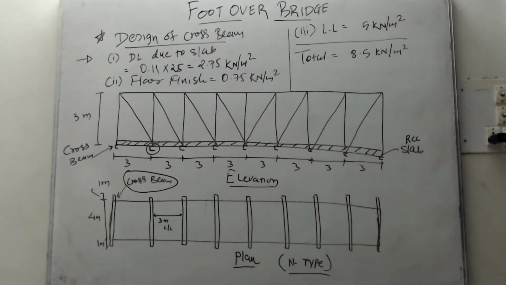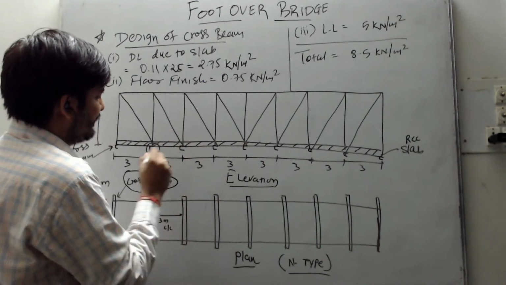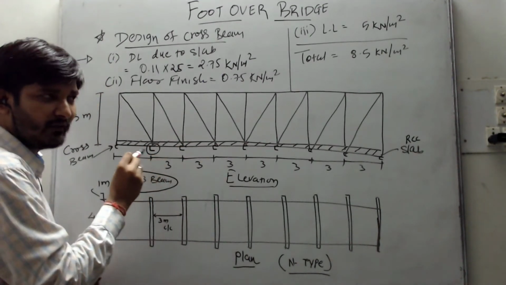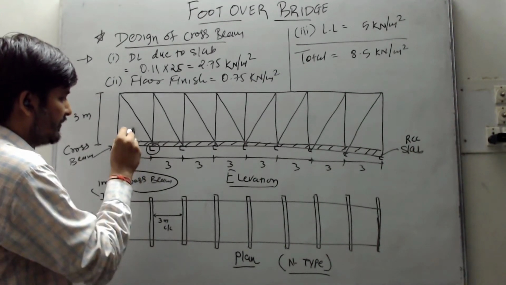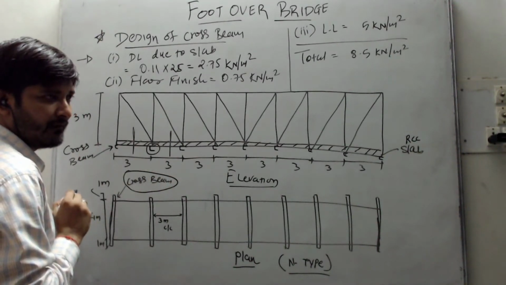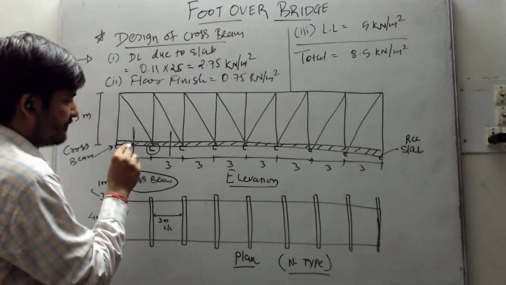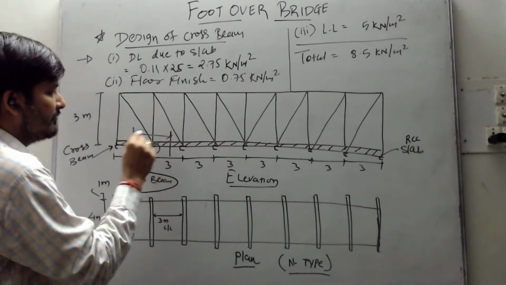Now next we need to see how much width of slab is carried by one cross beam. Alright, suppose if I see this elevation, for this cross beam, how much width of slab will this be carrying, right? So it will be carrying half of the load from this slab and half of the load from this slab, right? It will be carrying the load from half on both the sides. So it will be ultimately 3 meter. This distance will be 3 meter ultimately, right?